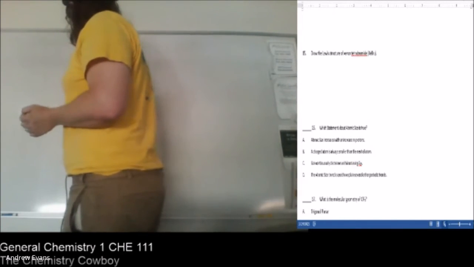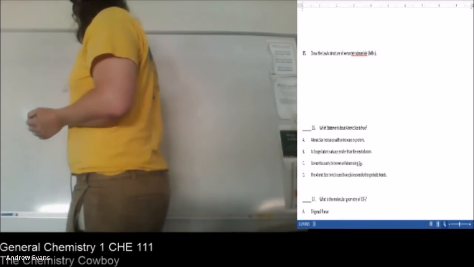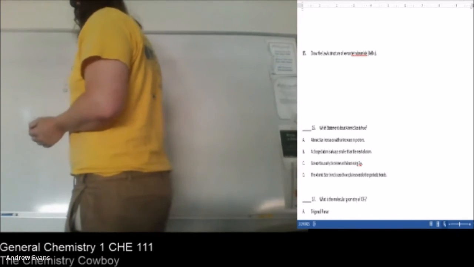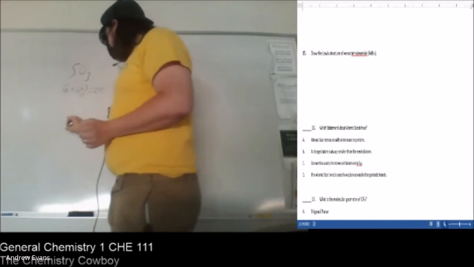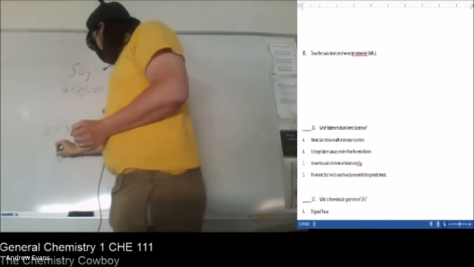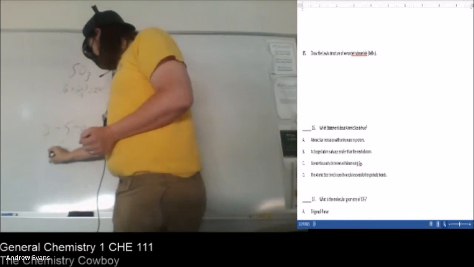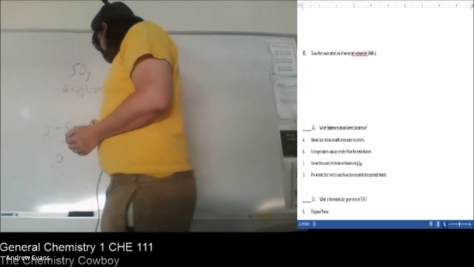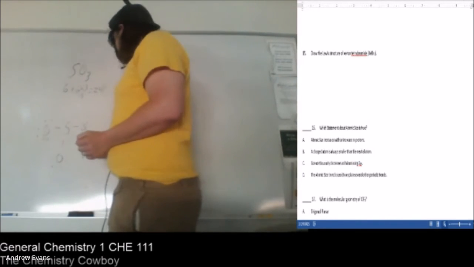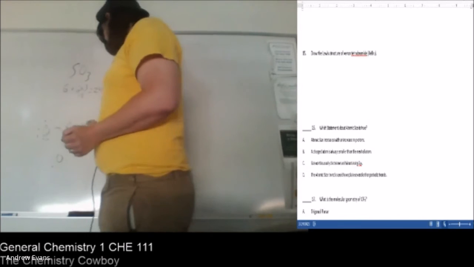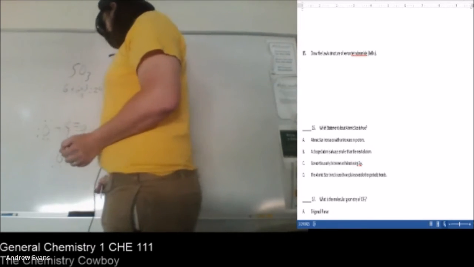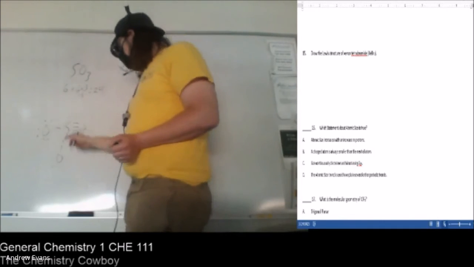So S, 6. Oxygen, that's another 6 times 3, that's 18, 24. I'm blessed with the fact that the one we just did was almost identical. That would be an acceptable structure.